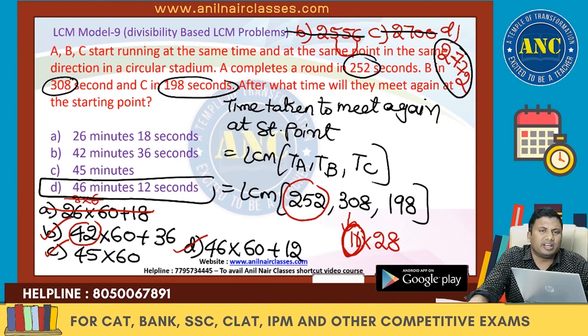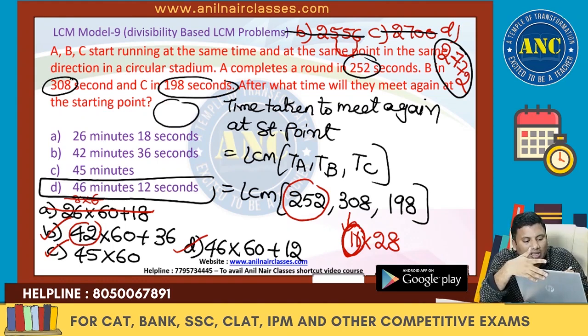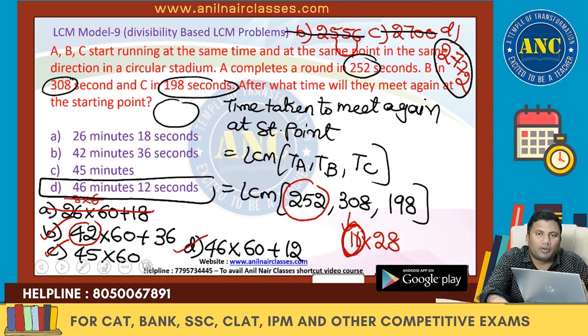Suppose if the college starts at 9:30, you started from home at 8:45, somebody started at 9, somebody started at 9:15. Can you say that the time taken to reach will be the same? If the time is different, if distance is constant, I will explain that point. You are wrong, and I will tell you why.